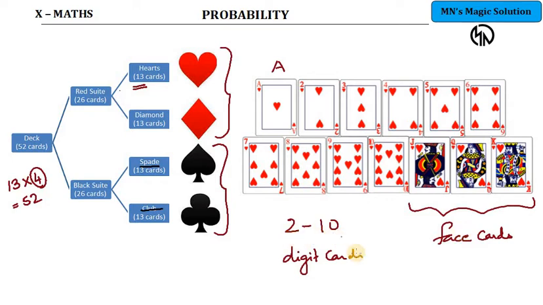From 2 to 10 there are totally 9 digit cards in one set. So 9 into 4 sets will give you 36 digit cards in total. Same way, face cards: there are 3 cards in one set and there are 4 sets. Therefore, it will be 12 face cards in all in one set of playing cards.